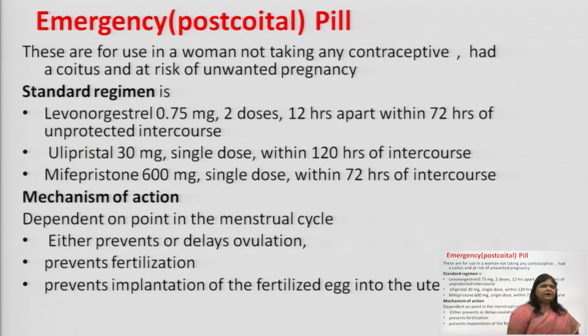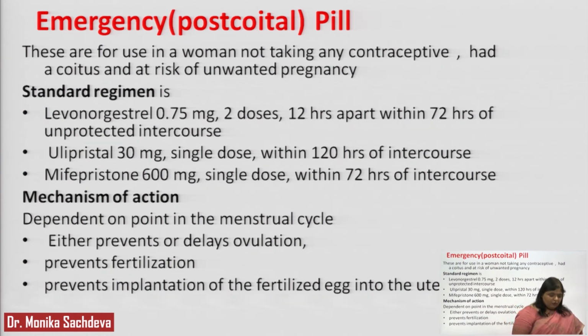Then there is another drug which is called the postcoital pill, which is generally taken when there is coitus and an unwanted pregnancy. Levonorgestrel, 2 doses 12 hours apart within 72 hours of the unprotected coitus, this drug has to be taken, and it depends upon the phase of the menstrual cycle.